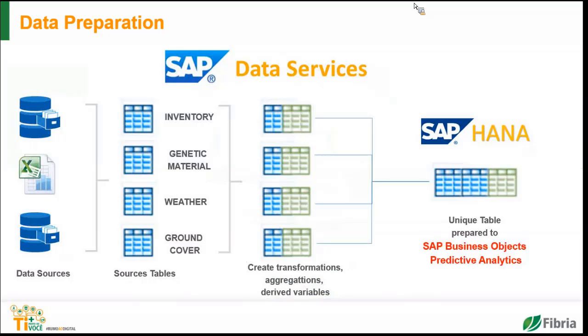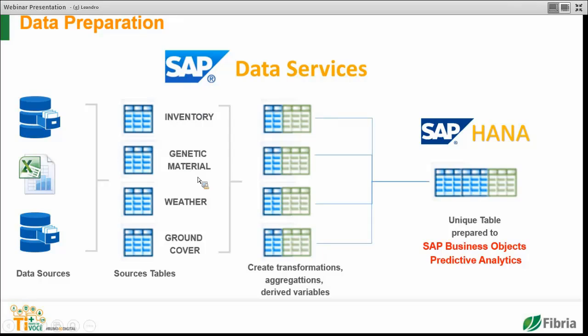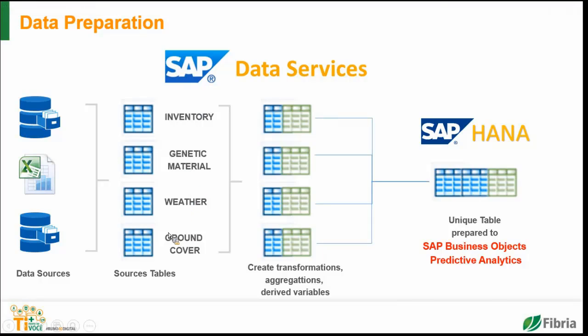And in the data preparation, you can see that we go from a lot of data sources, and these sources are tables of data that we use, like inventory, genetics, material, weather, ground cover. These are the source tables that we have. And we build a lot of aggregations and derived variables.